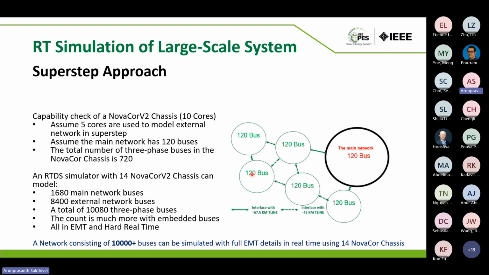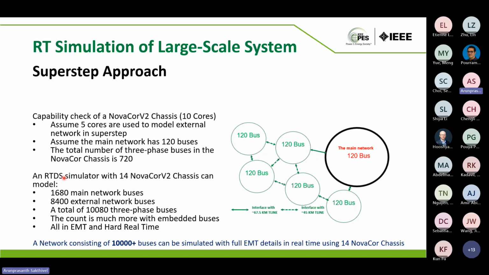Each of these superstep blocks runs on one core and can simulate up to 120 three-phase buses. The main network, which is going to have the area of interest and maybe a substep, can model up to 120 buses. So altogether, we can model a 720 bus network on one chassis.